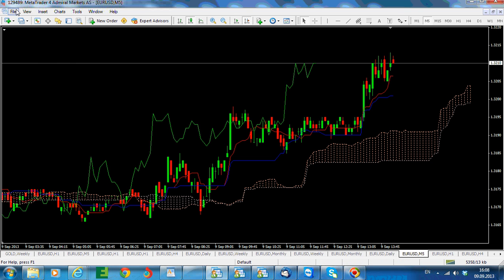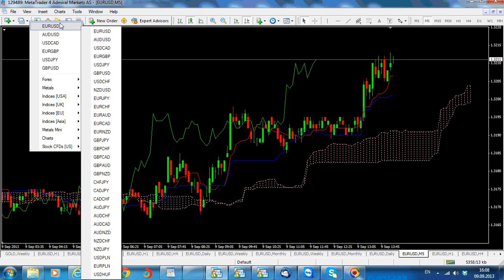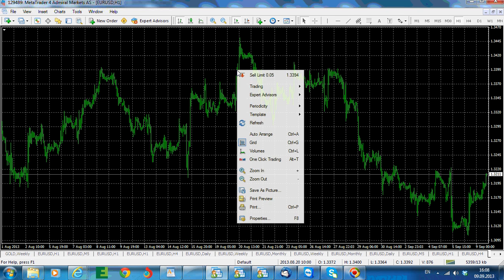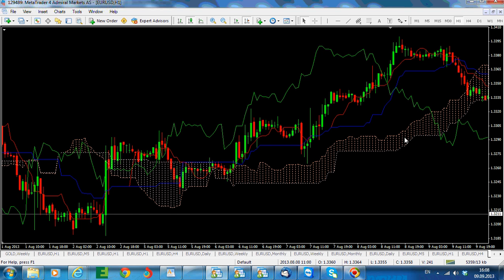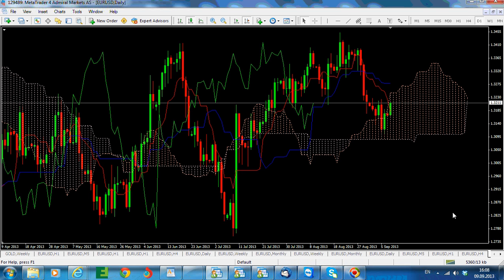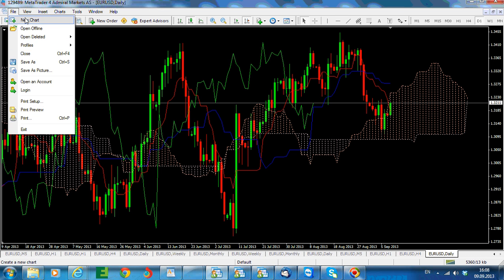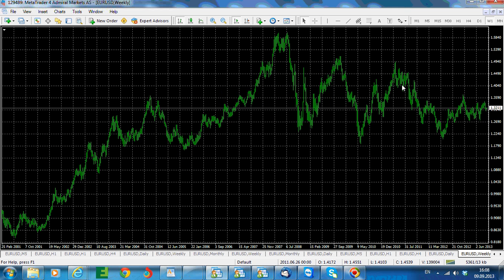So let's open please a new chart. So just click here, file, new chart, then we'll choose the euro dollar, and under our template here we have the Ichimoku, and we'll choose the daily chart we've said. Then of course we'll move on with the next time frame. So we have the weekly chart.